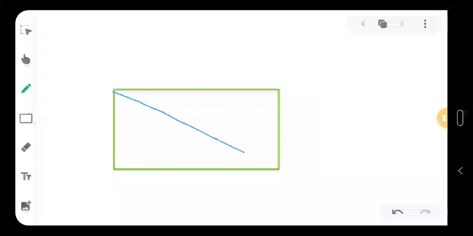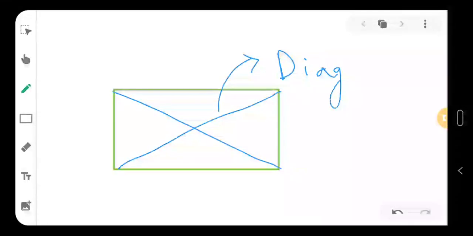If we take a rectangle and draw a straight line between two corners, these straight lines are called diagonals. These are called diagonals.